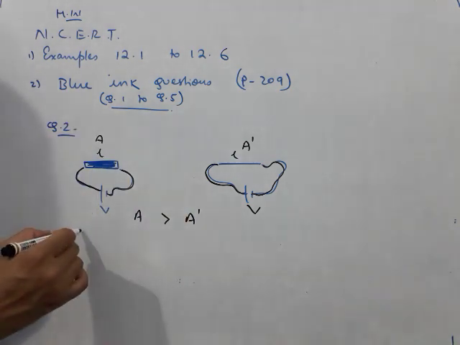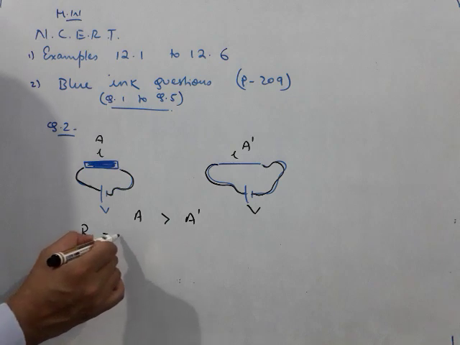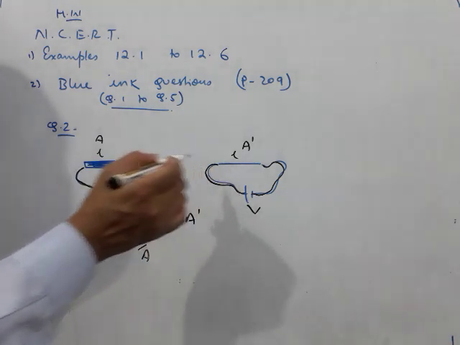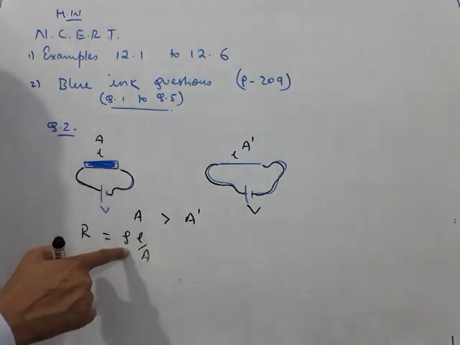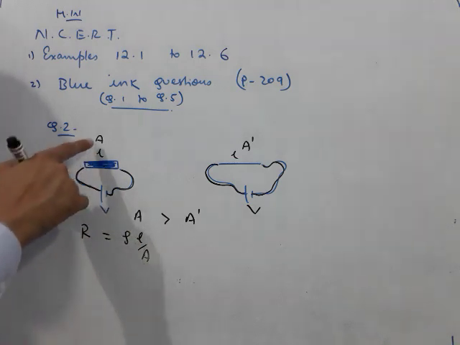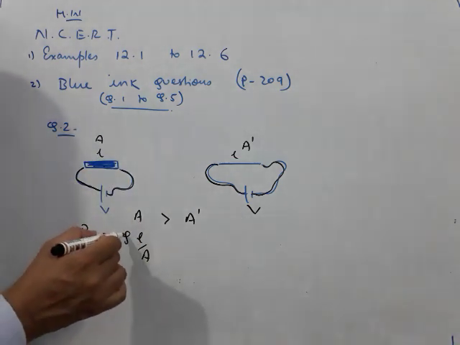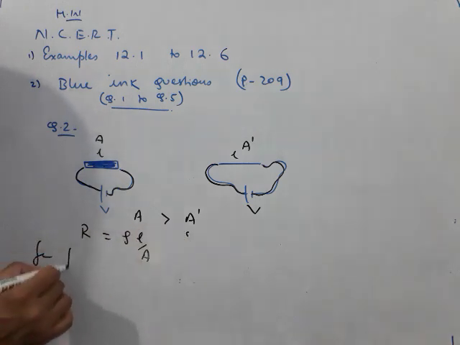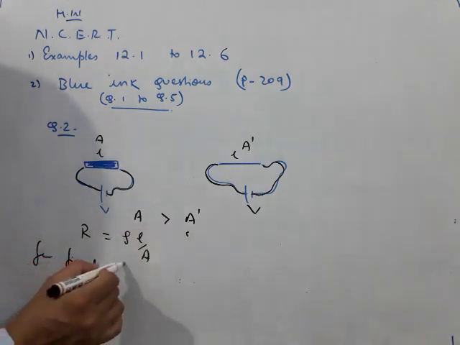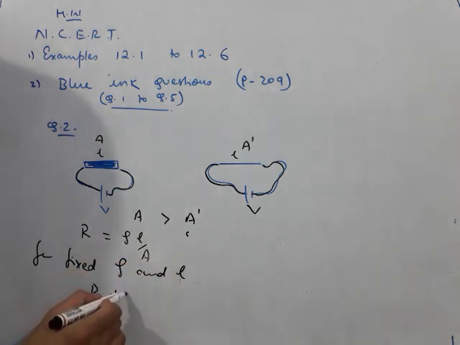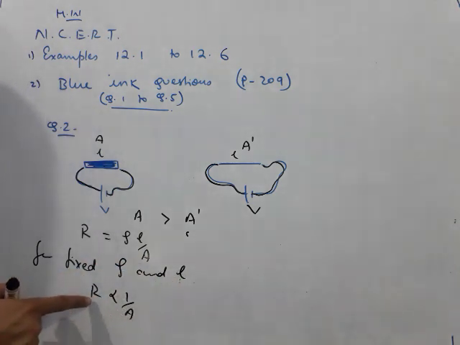Now length is same. Now we know resistance of a conductor is given by the formula rho L by A. Both these conductors are of the same material. That's why their rho is same. Both have the same length, so they have the same L, but their area of cross sections are different. For fixed values of rho and L, we can write R proportional to 1 by A. That means resistance is inversely proportional to area of cross section.